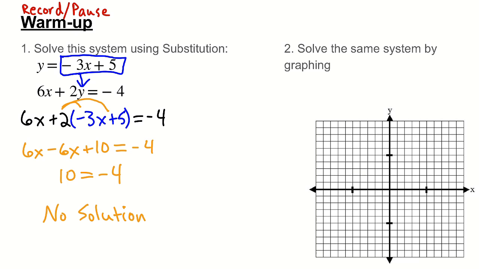Now, what does this mean when we have a system of equations and we get no solution? What does that tell us about the two equations? Don't tell me about the graph. Tell me about the equations.